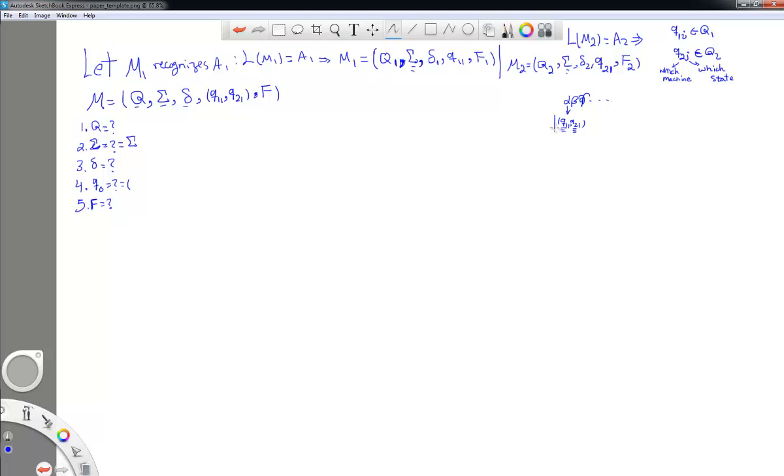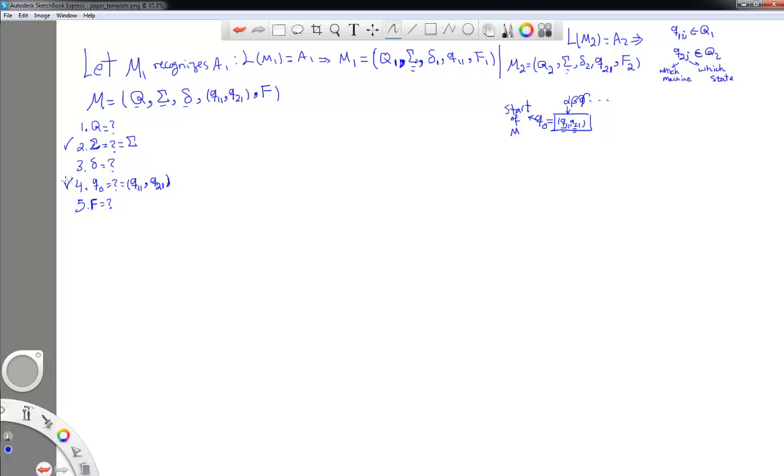As a result, this will be the start state of M. So Q sub 0 will be a pair of the start state of the first automaton and the start state of the second automaton combined together, so that when I see the first symbol in my string, I know where to start. So that is also done. Number 4 is created.